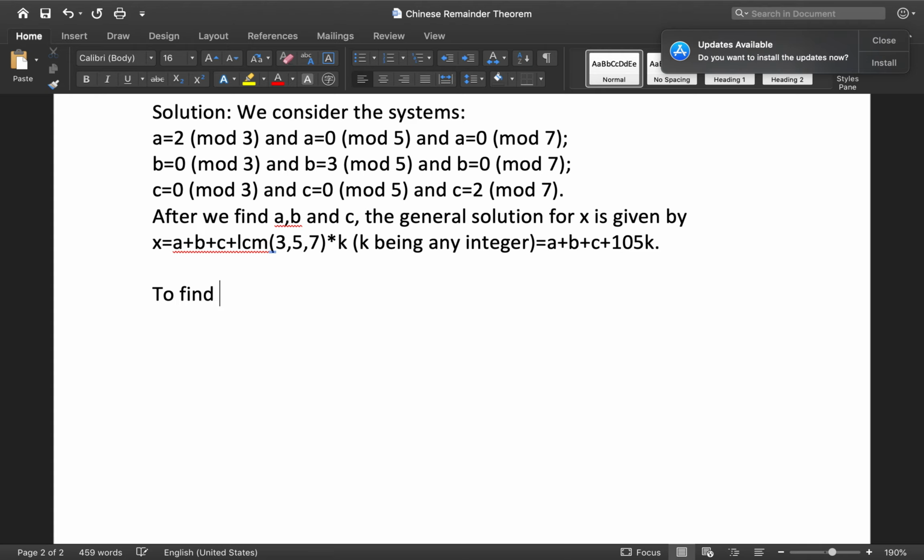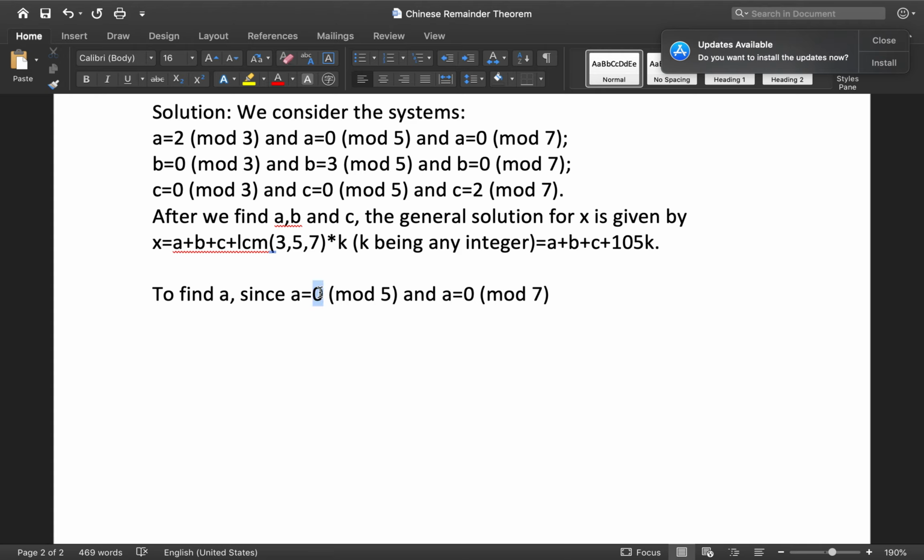To find a, since a is congruent to 0 modulo 5 and a congruent to 0 modulo 7, we have two conditions, both of which are congruent to 0. Of course, we have different moduli, 5 and 7, but both of them turn out to be 0.